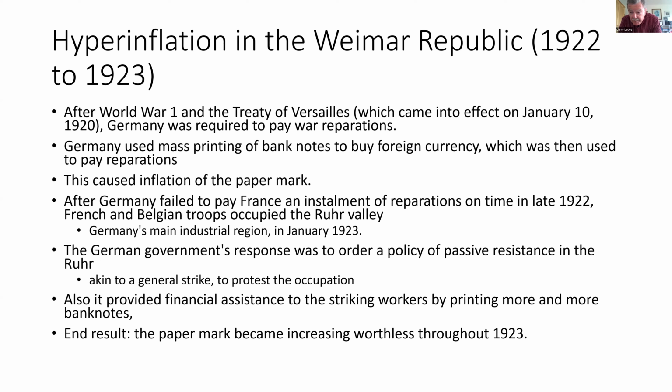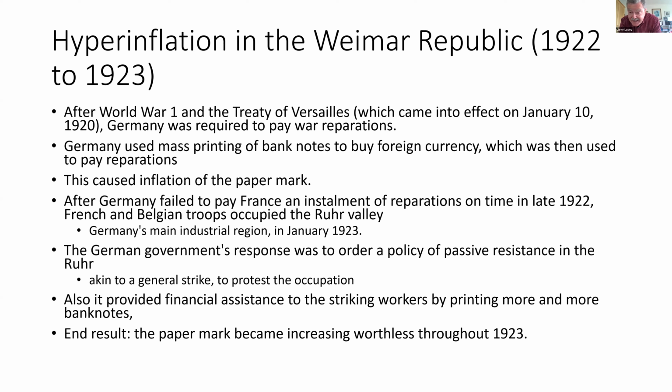And the Weimar Republic was in danger of defaulting on their reparations. So what France did, and Belgium, they occupied the Ruhr, which is the industrial heartland of Germany. Okay, and that happened in January 1923. Remember, this hyperinflation kicked off in July 1922.